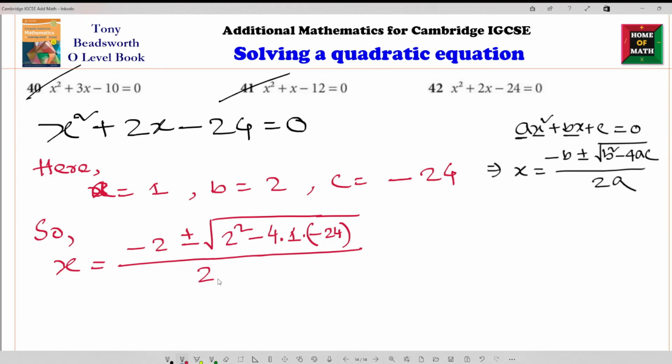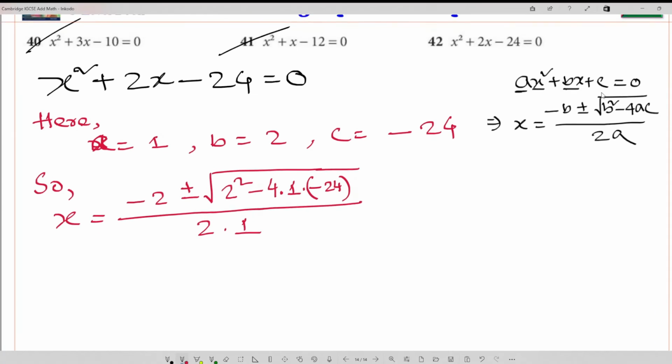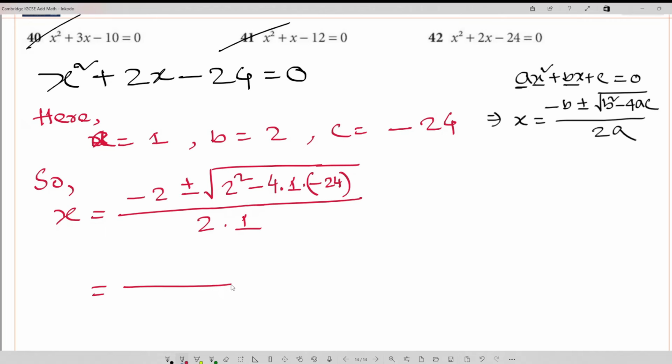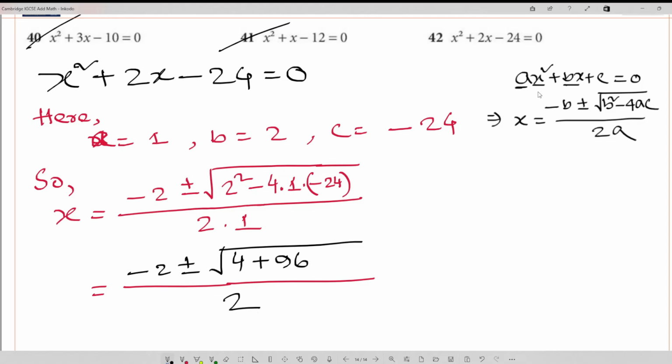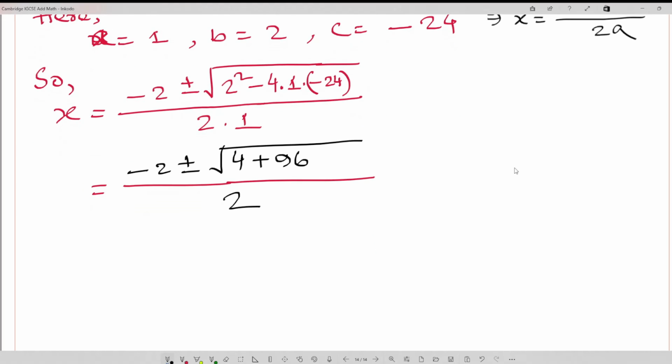Divided by 2a, 2 times 1. Then minus 2 plus or minus 2 squared means 4, minus and minus will become plus. 24 times 4 is 96. Divided by 2. Why 2? Because 2 times 1 is 2.